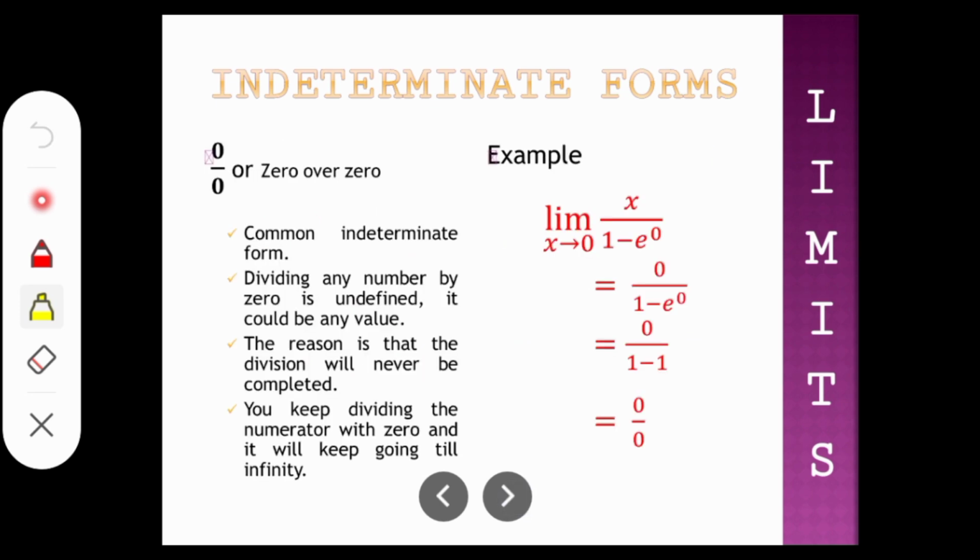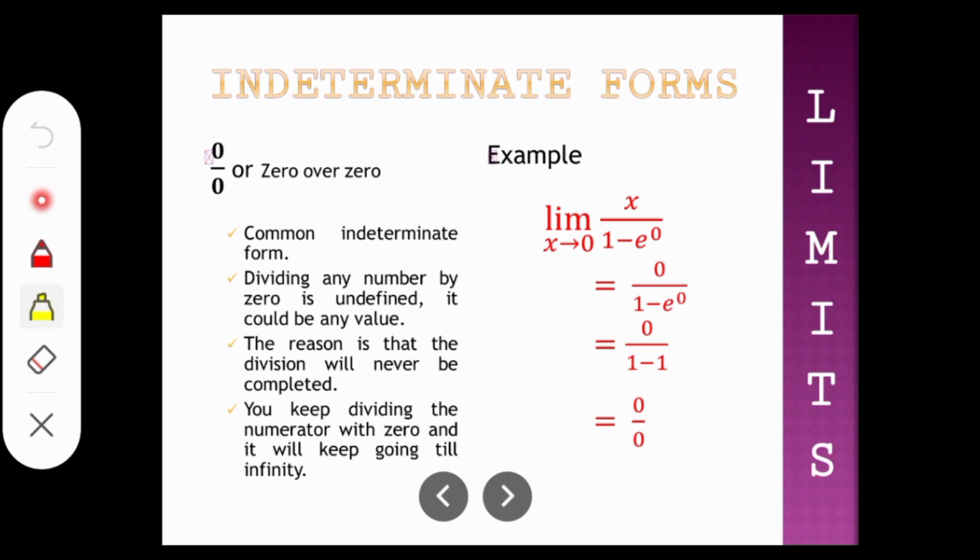The third one is 0 over 0. This is a common indeterminate form. Dividing any number by 0 is undefined. It could be any value. The reason is that the division will not be completed. You keep dividing the numerator by 0 until we keep going to infinity.